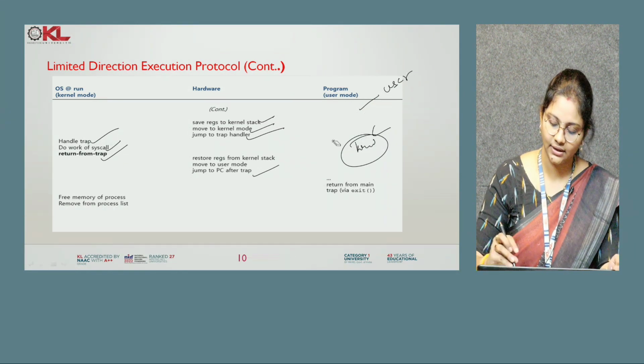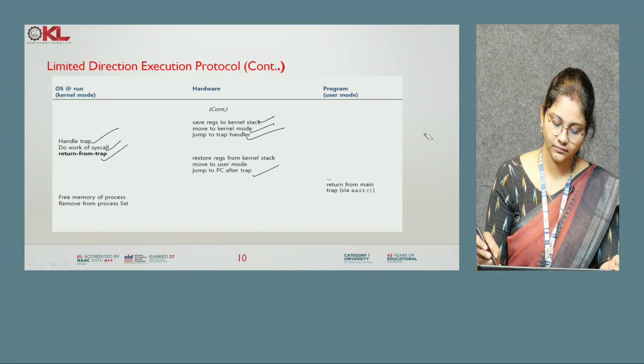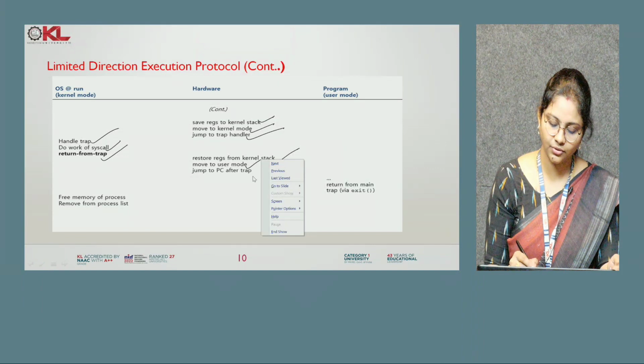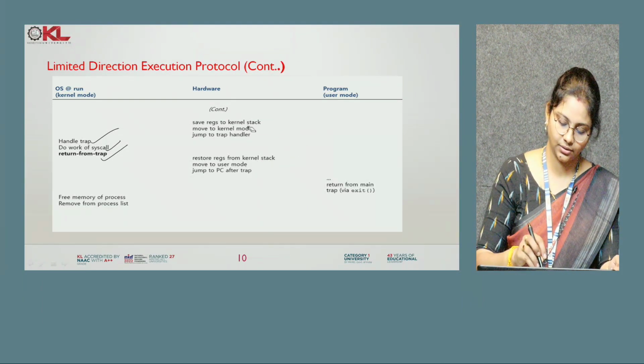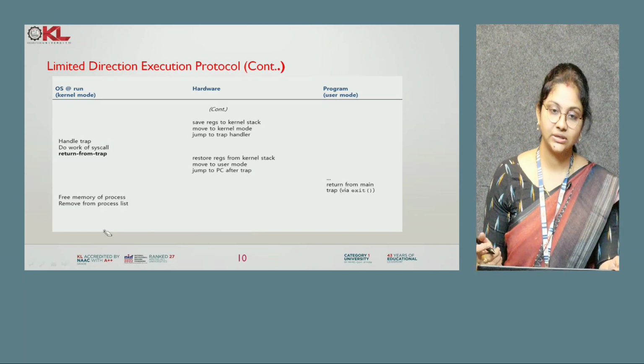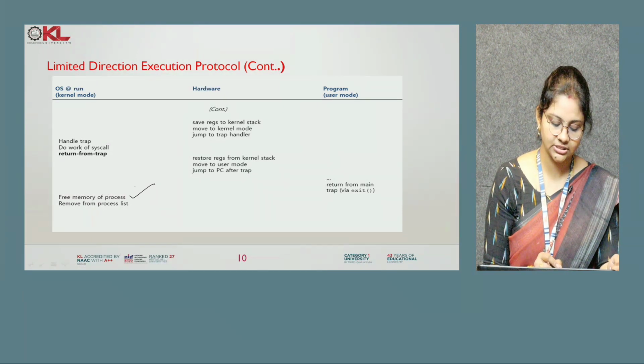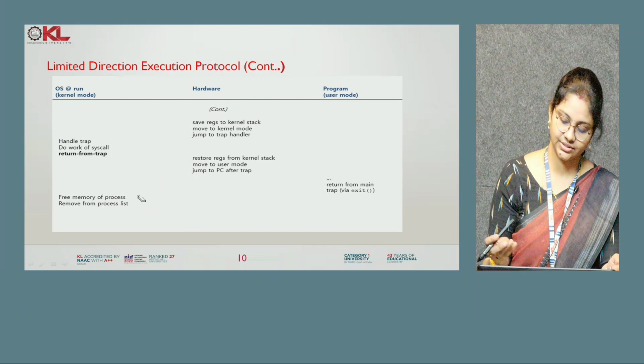That is what they have mentioned. Restore the registers from the kernel stack and move to the user mode, jump to the PC after the trap. Okay, PC in the sense program counter. Now once it is done, free the memory of the process and remove the process from the process list, right?